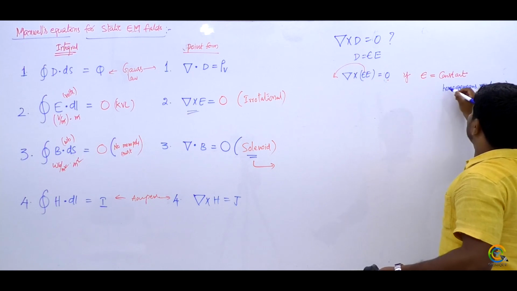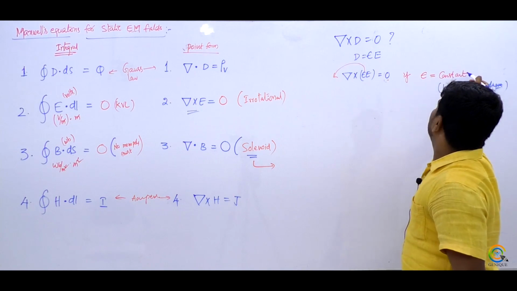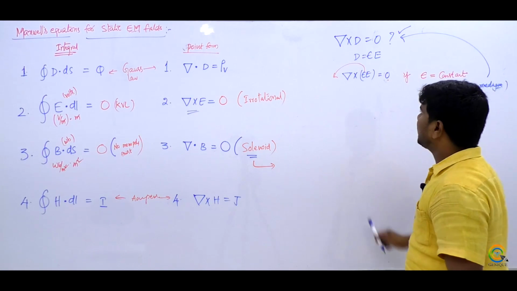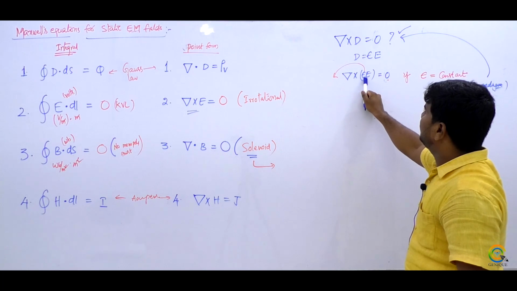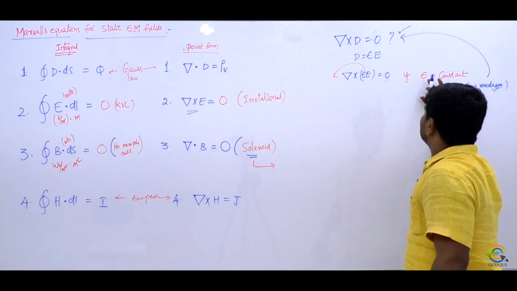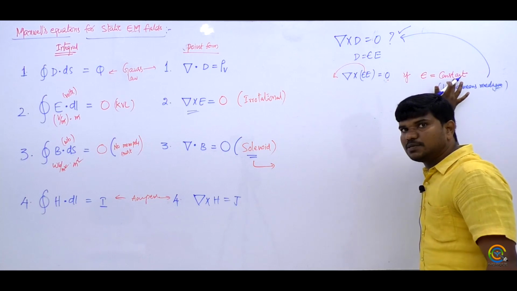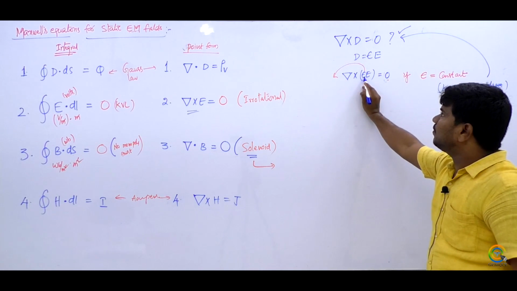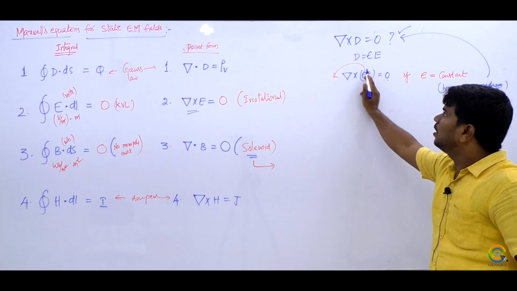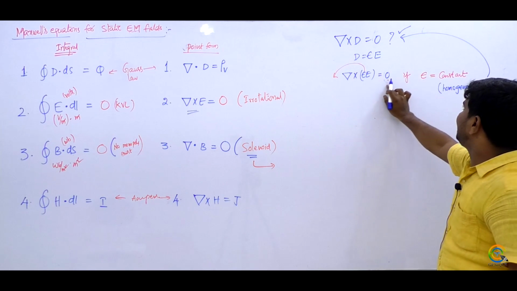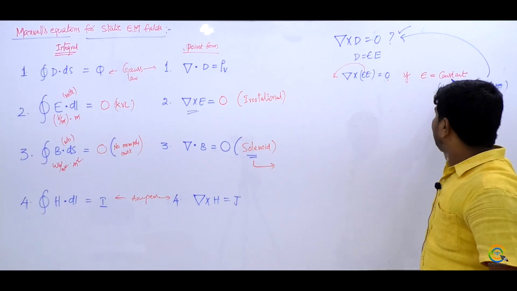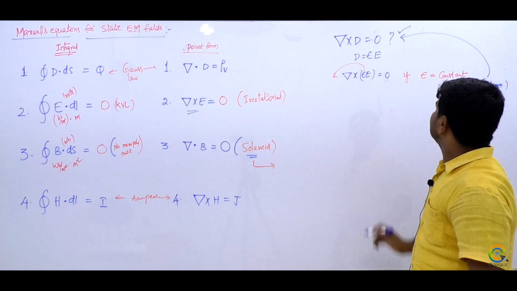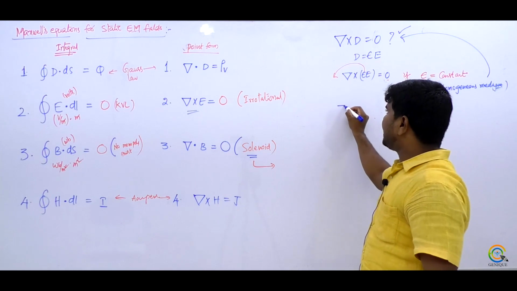If you take a homogeneous medium, you can write del cross D is equal to 0. Otherwise, you cannot write it, because if epsilon is varying in space, you cannot take it outside the derivative. So this is wrong if it is not a constant, and it is equal to 0 if epsilon is constant.